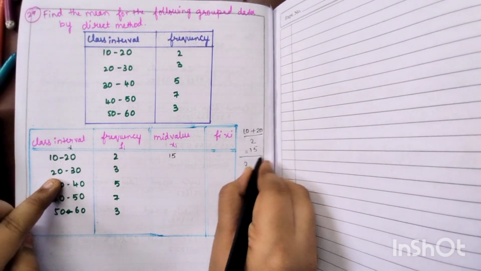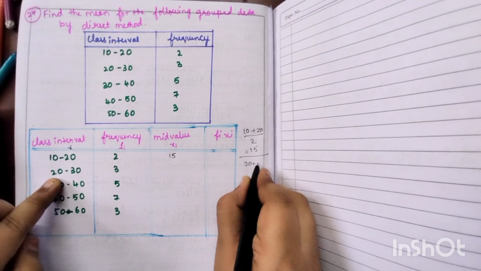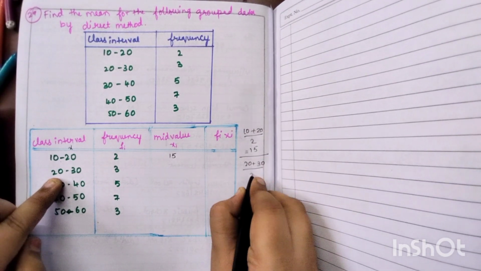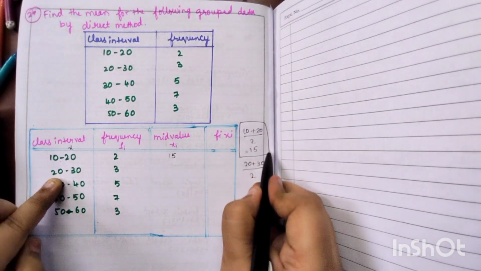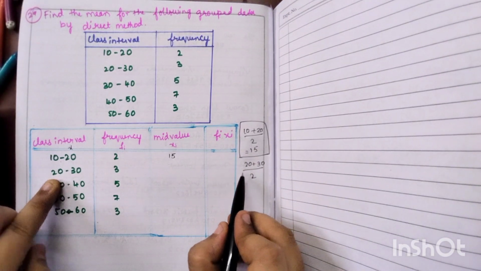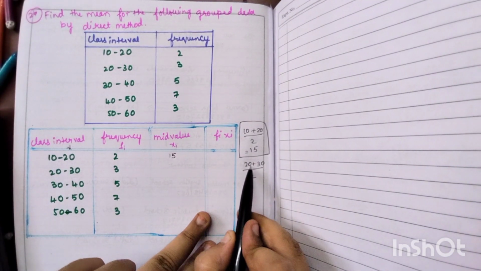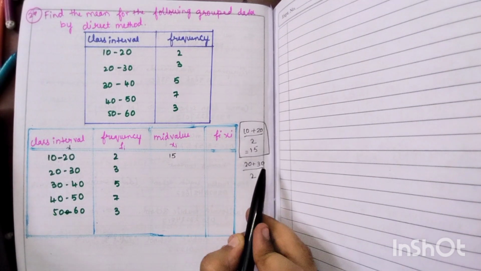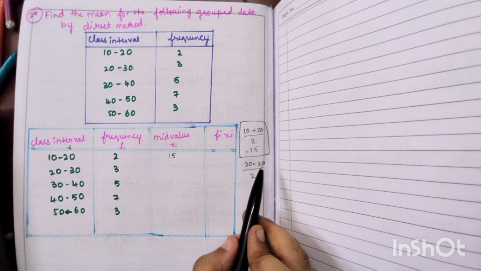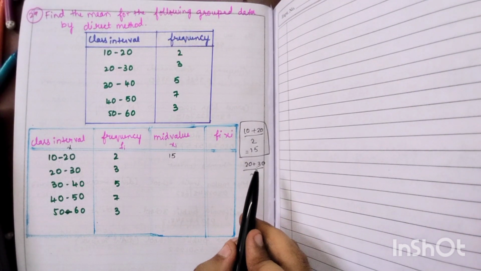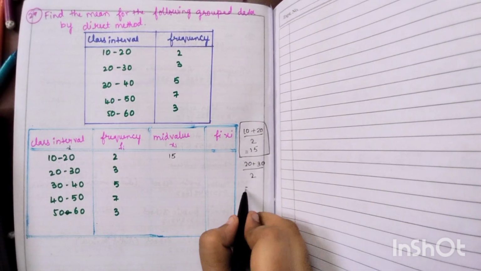So the same way we are going to do for the next one. 20 plus 30 divided by 2. So this 2 is constant for everything. Okay, so we are taking 2 because there are two numbers. So that is nothing but 50 divided by 2. We will get 25.